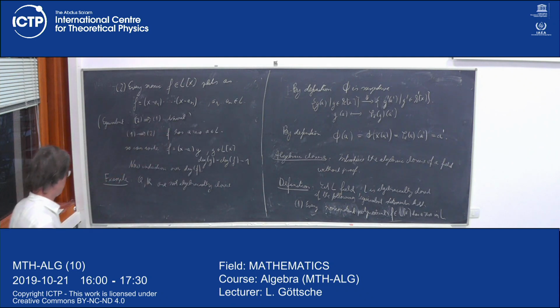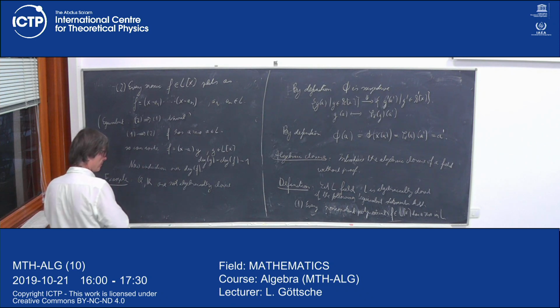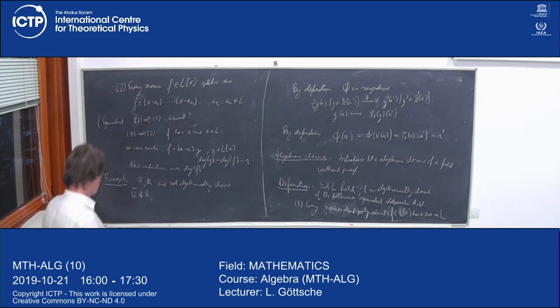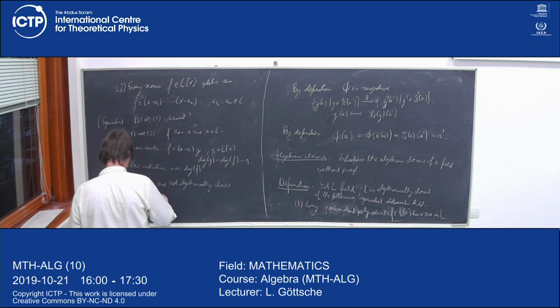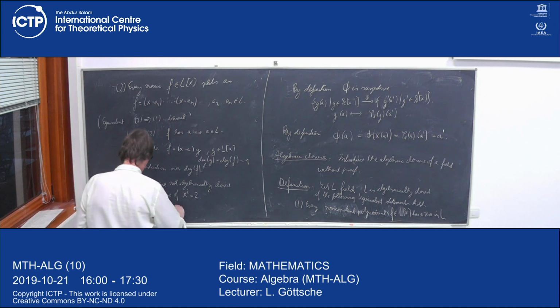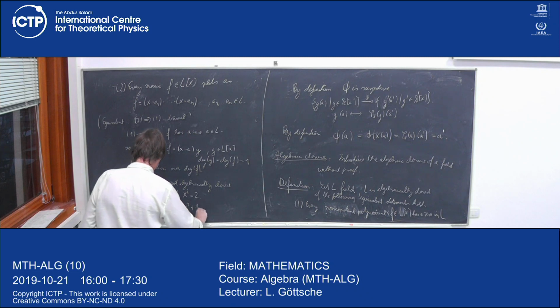You can, for instance, take the square root of 2, which is not an element in Q, but obviously is a 0 of x squared minus 2, and in the same way i is not an element in R, but it is a 0 of x squared plus 1.